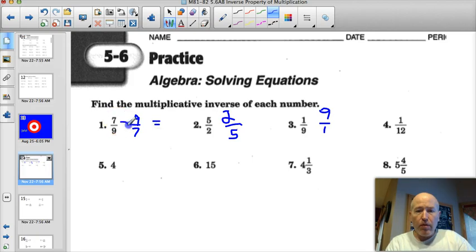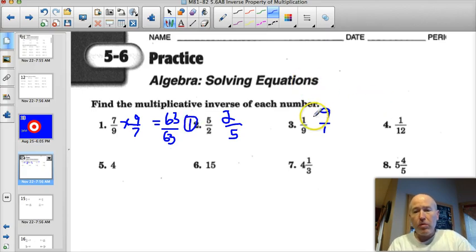Now if you were to multiply these two together, 7 times 9, that's 63. And this one here, on the bottom, 9 times 7, that's also 63. What is 63 divided by 63 equal to? Absolutely, you're correct. It's equal to 1.